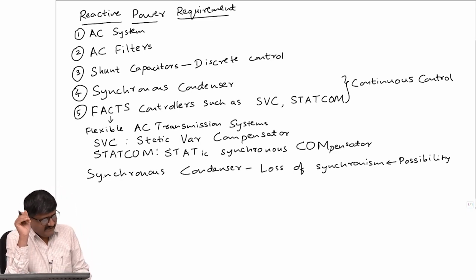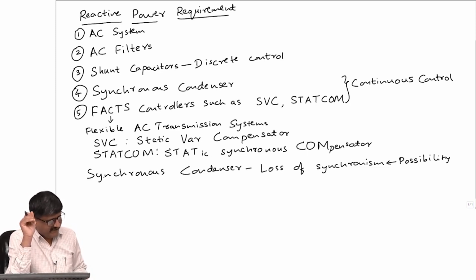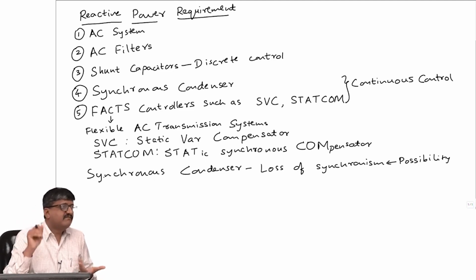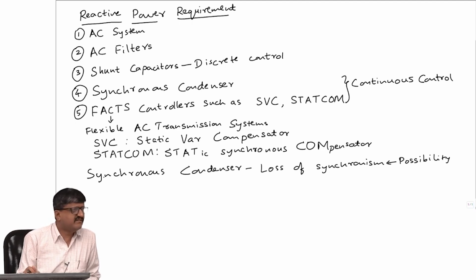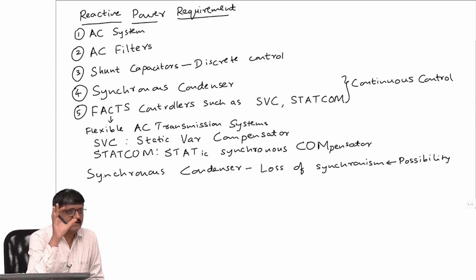Whenever you have a rotating element, there is a possibility of slip ring brushes, which you do have. Why do you need slip ring brushes in a synchronous condenser? Yeah, the field has to be supplied some current, or a DC voltage. The field is rotating, the armature is stationary.